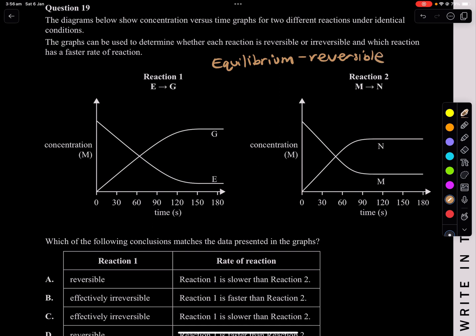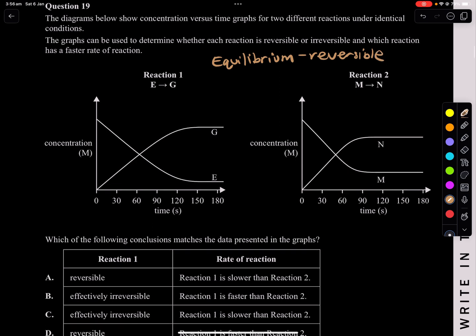That's what we know. So in equilibrium, what do we mean by equilibrium? If we increase the concentration of the product, they will come back to a constant concentration, as you can see. Like here, let's look at reaction 1 in this case.